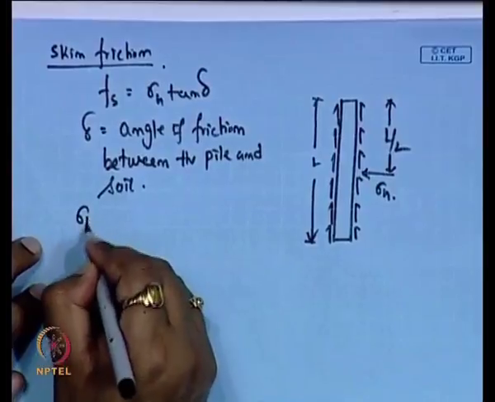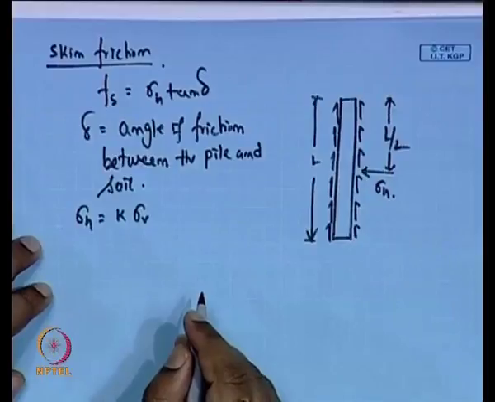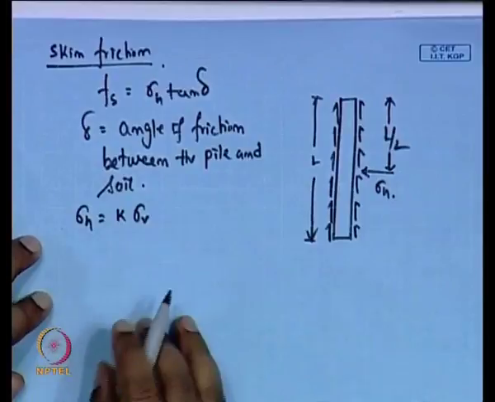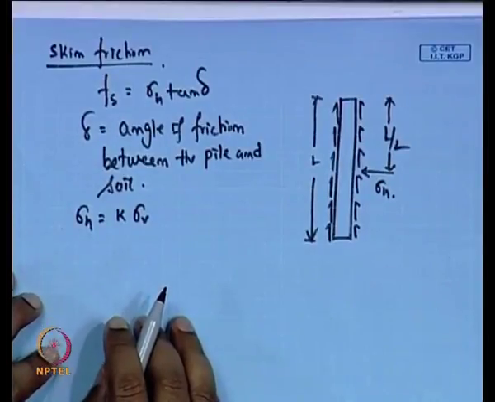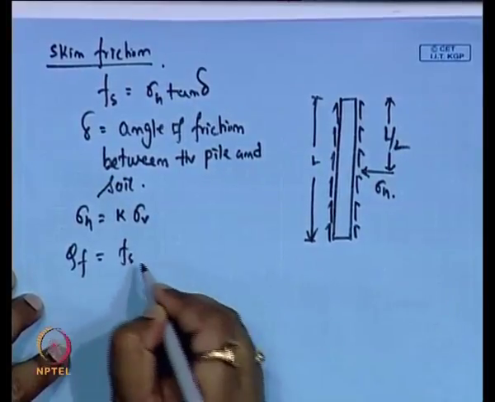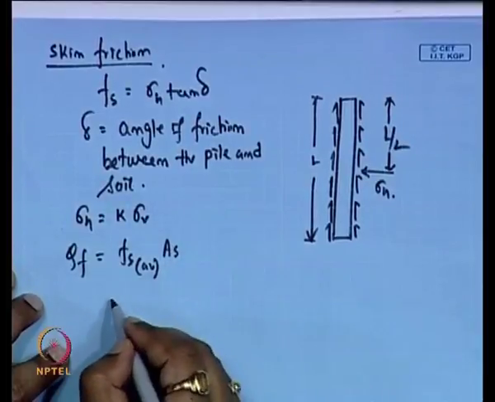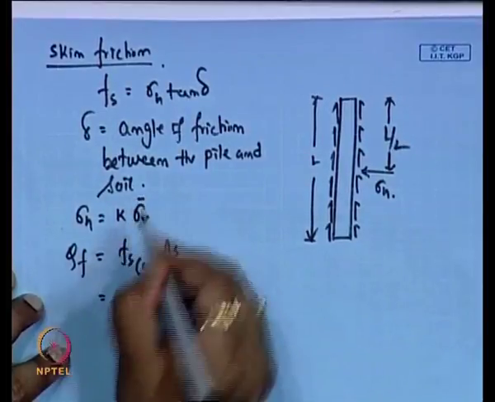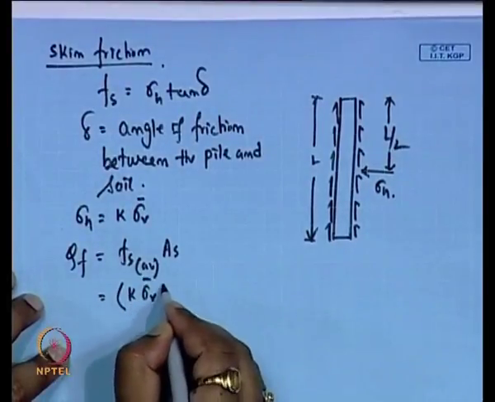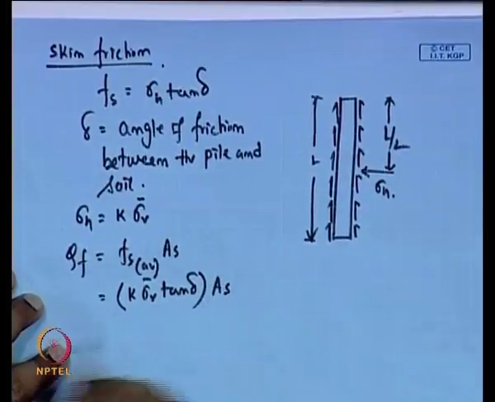and sigma h we can calculate as k into sigma v. Sigma v is the vertical load acting, k is the coefficient of lateral earth pressure. So, Q f we can write as sigma h average into s, that is k into sigma v bar into tan delta into s.